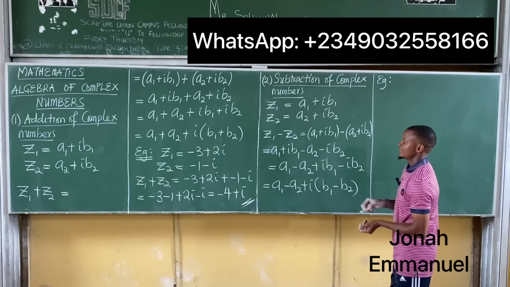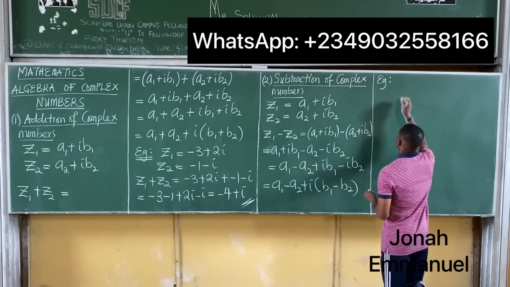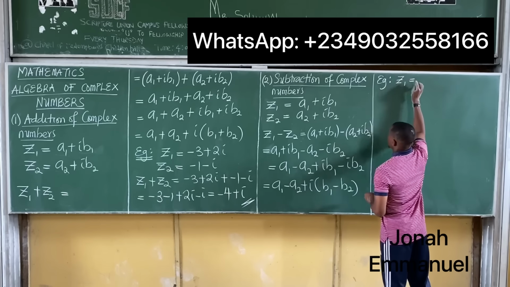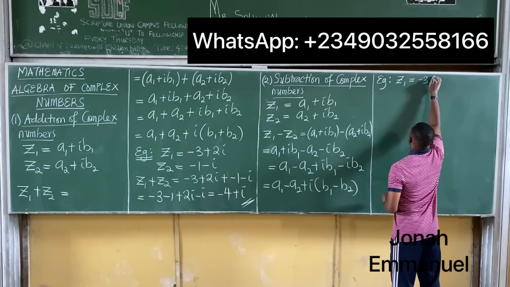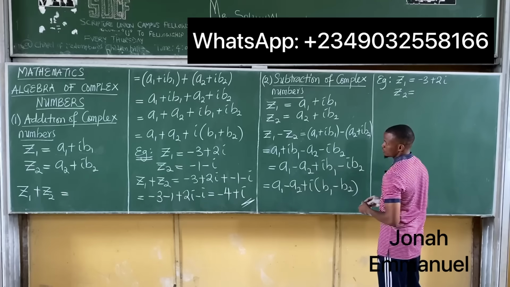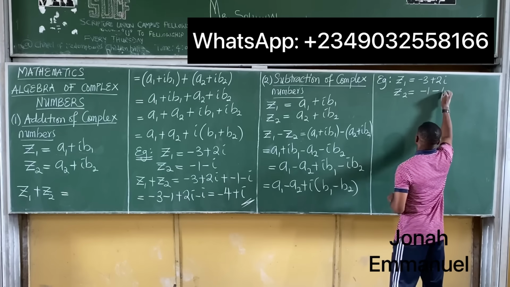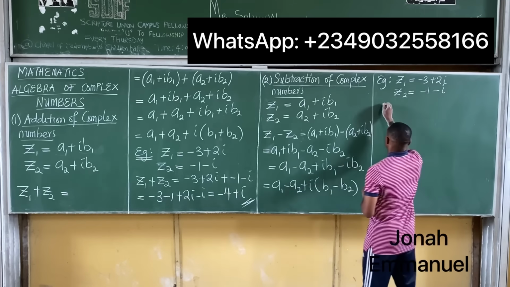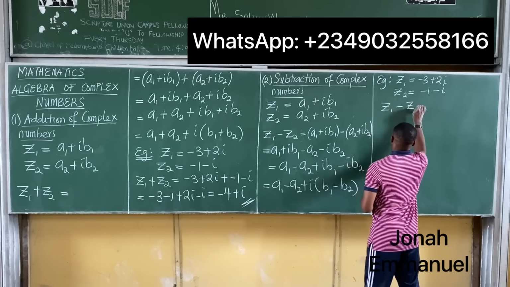Let's look at an example. Perhaps let's take the same example: z1 equal to minus 3 plus 2i, and z2 equal to minus 1 minus i. So let's find z1 minus z2.